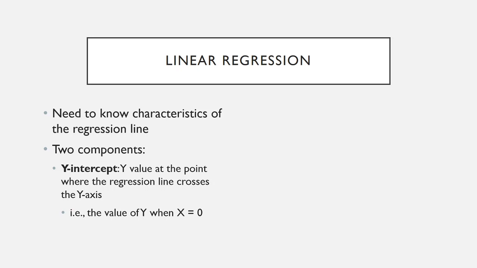The first of these two components is going to be your y-intercept. So this is the y value at the point where your best fit or regression line crosses the y-axis. Okay, so when x equals 0, what's your value of y? This orients your regression line along numerical space.